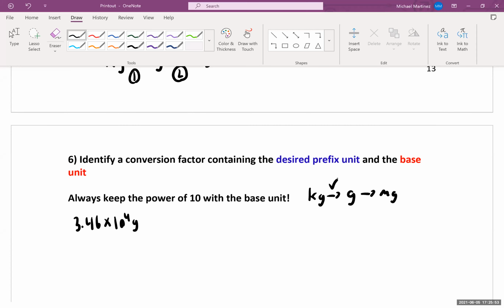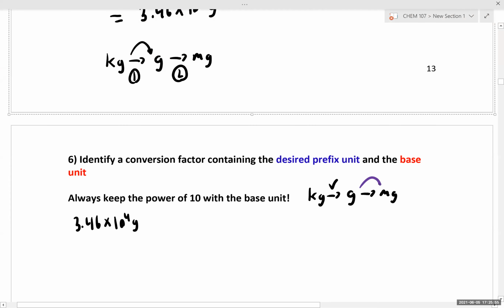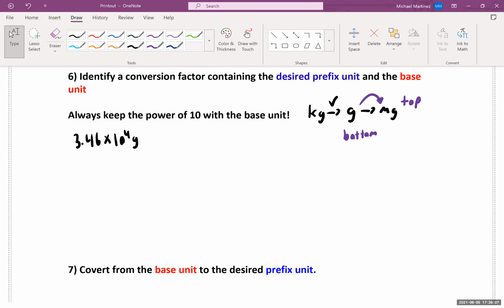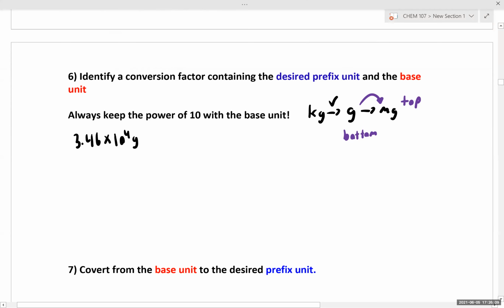So again, I'm going to make an arrow, and in my conversion factor, I want milligrams on top and grams on the bottom. Okay, so let's find just some equality that contains my base unit and my desired prefix unit. So I want something to relate milligrams and grams.